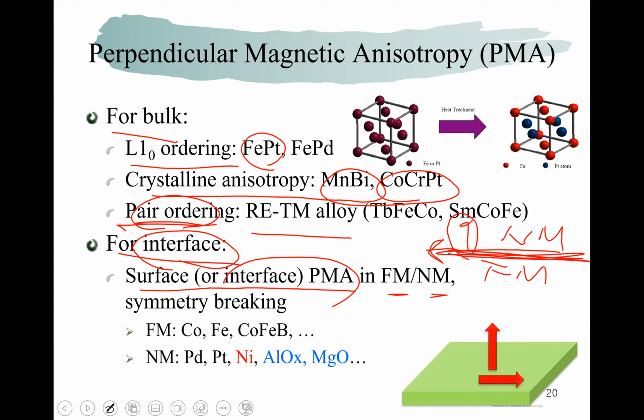Okay. And to simply say, the symmetry is broken at the interface, then something happens. There is some ferromagnetic layer, like cobalt, iron, or cobalt iron boron and so on. And the non-magnetic material can be palladium, platinum, even nickel, or some oxide that will generate such kind of PMA. Okay.